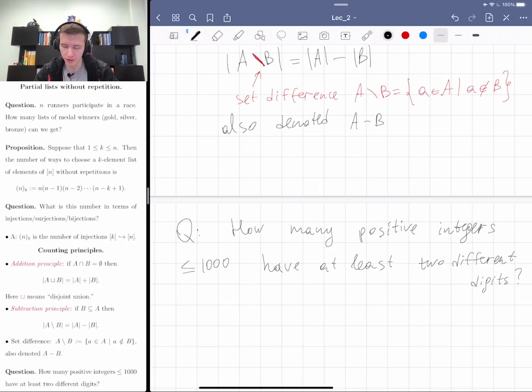Any ideas? For example, 1,000 has 2 different digits, 1 and 0, but 999 only has 1 digit. So how do we count these?